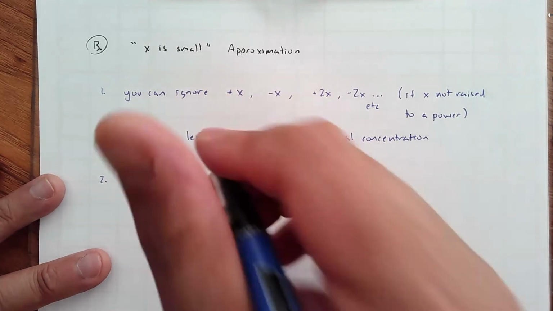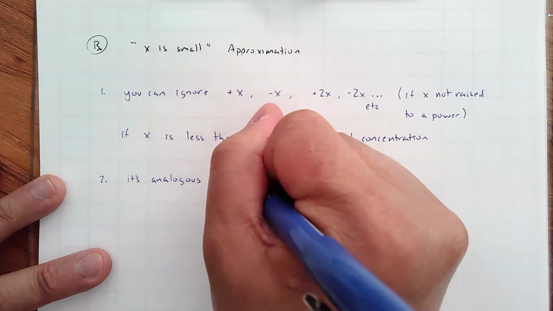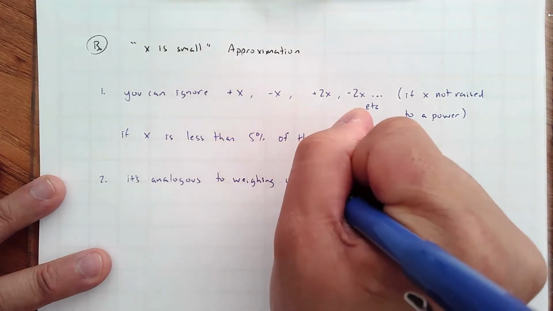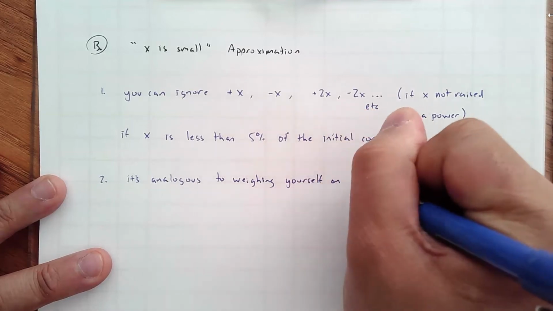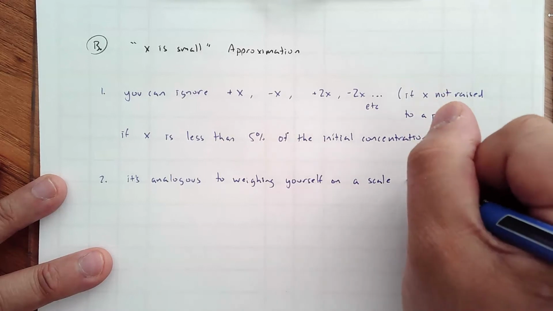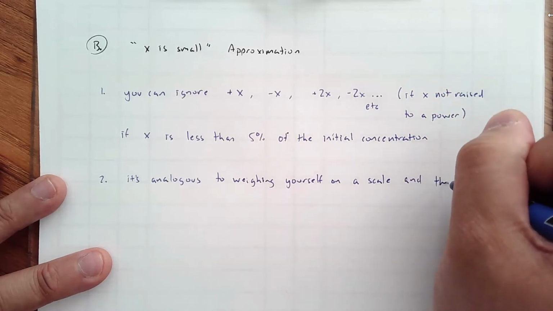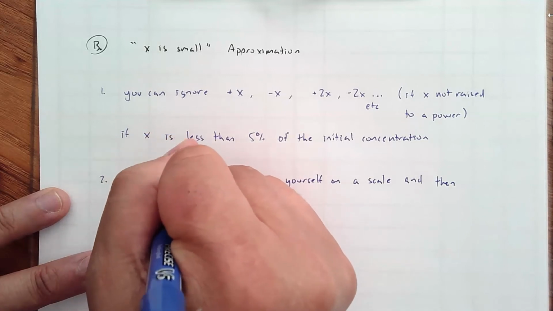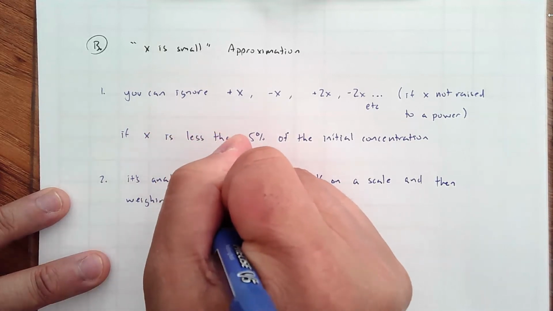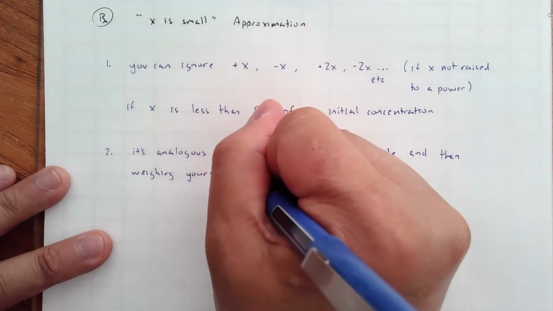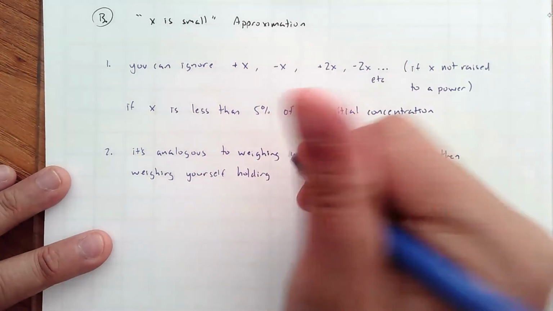It's analogous to weighing yourself on a scale, and then weighing yourself holding a quarter, the coin.